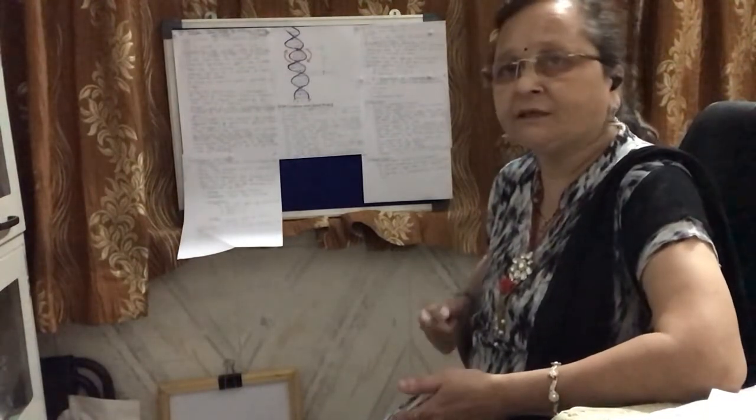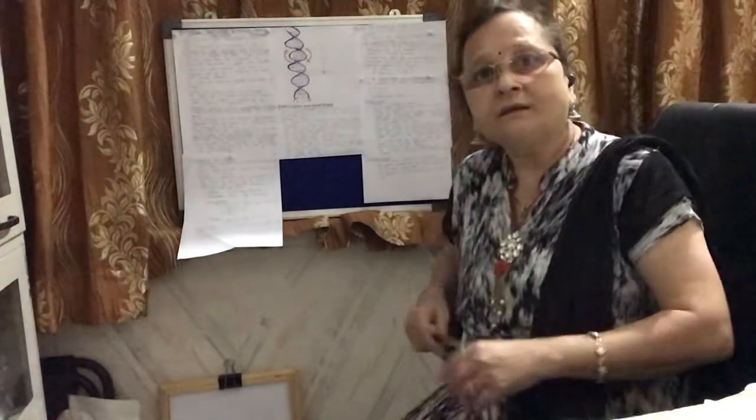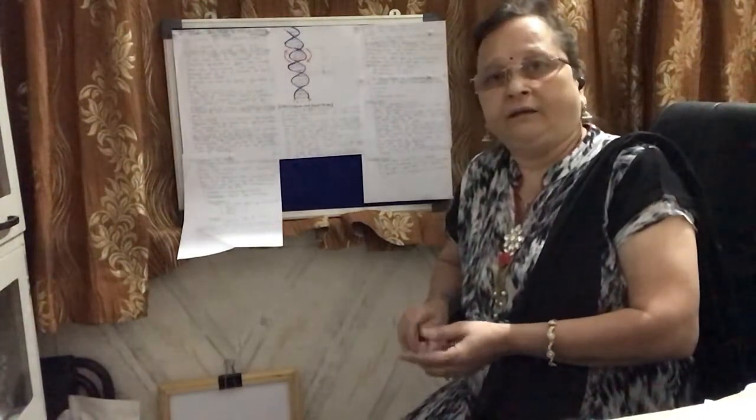5 carbon atoms are there, having the pentagon structure, and the difference is only in the position of the second carbon atom: in one sugar the OH functional group is there, but in another only H is there.